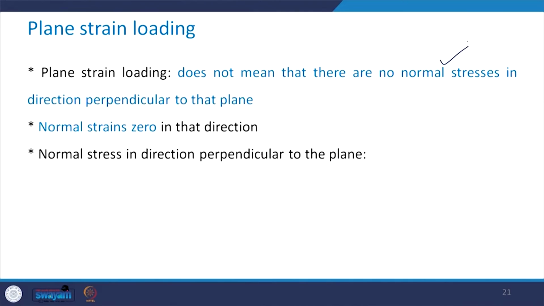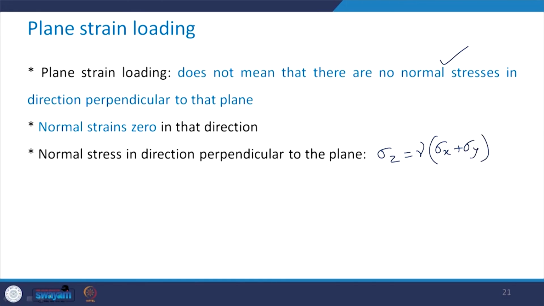Normal strains are going to be 0 in that direction, but not the normal stresses. So what is going to be the normal stress in the direction perpendicular to the plane? That will be given as sigma z equal to nu times sigma x plus sigma y.